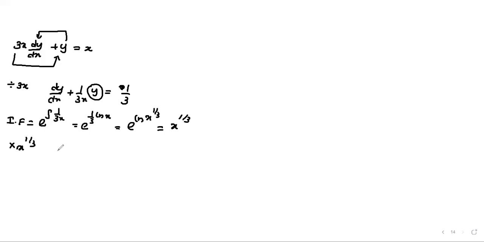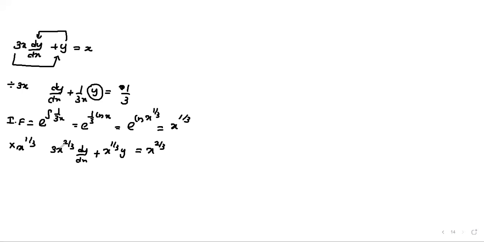It turns out to be, 3x into x to the power 1/3 is 3x to the power 4/3 dy/dx, plus x to the power 1/3 y, equals, then x into x to the power 1/3 is x to the power 4/3.